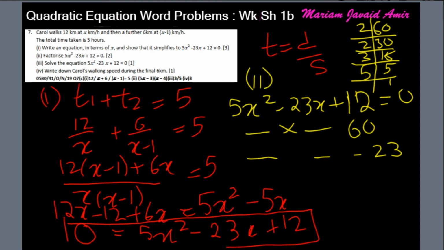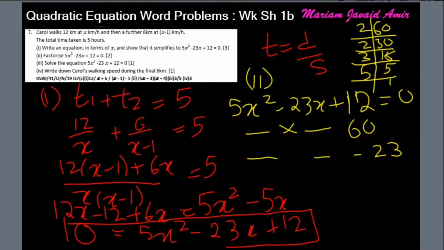Which numbers should I use to get to minus 23? 15 times 4 won't work, 30 minus 2 won't work either, 12 times 5 won't work either.